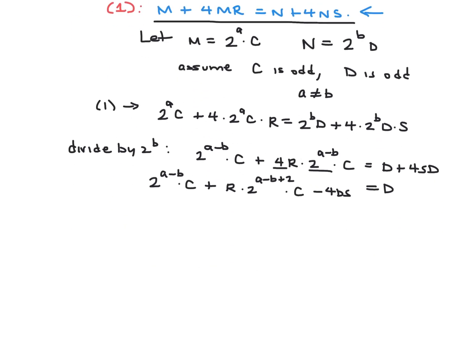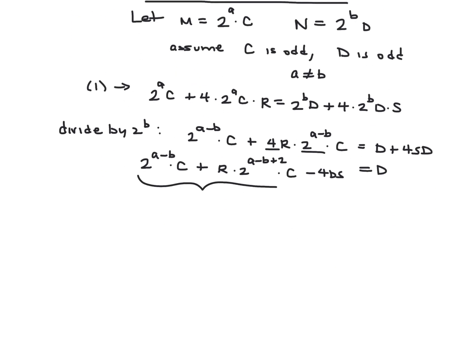Okay, so now notice this: everything has a power of 2. So that means that this left side is even. And then d, well, we had originally made the assumption that it is odd.